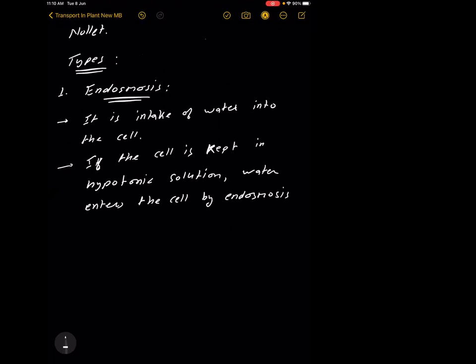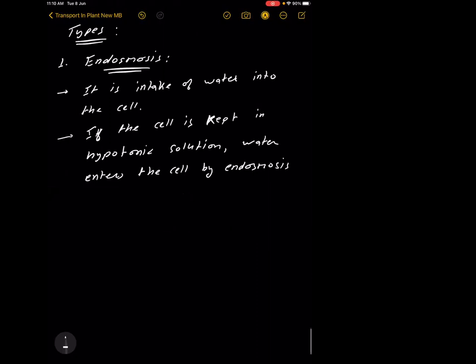So what happens? The cell swells up. Fine. So this is endosmosis.